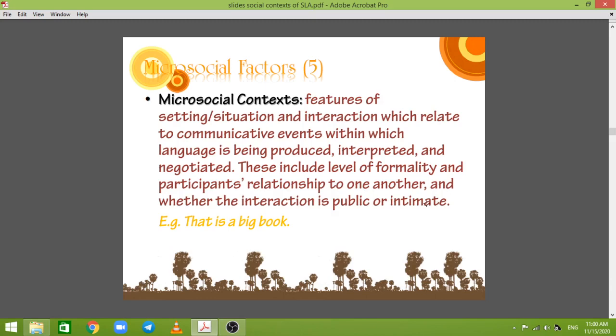Therefore, it is just interaction, personally only, not at the formal one that you need to enhance yourself. So micro-social context is related to the feature of the setting or the context that is related to the communicative event. So it eventually is related to the production of the language as well.